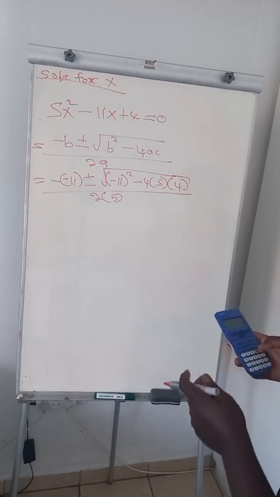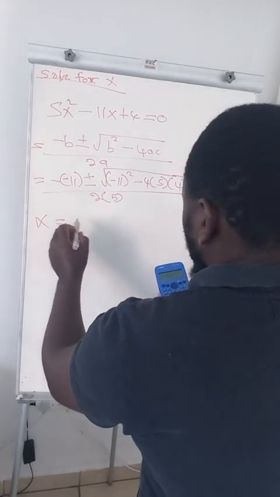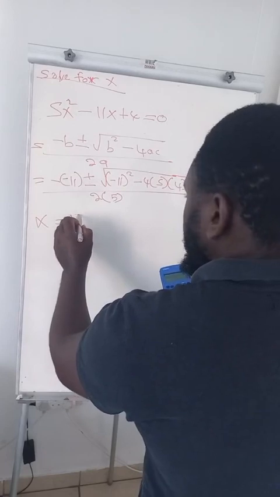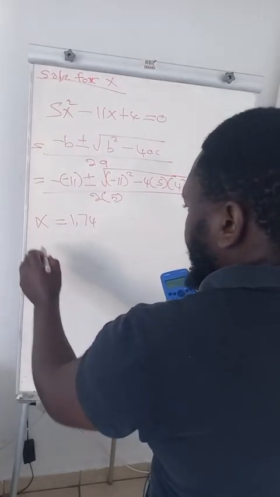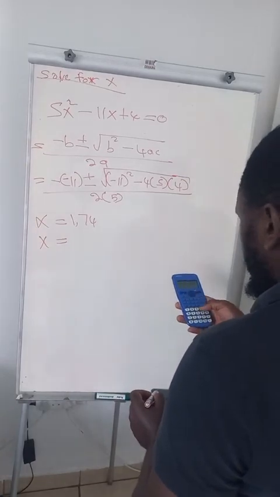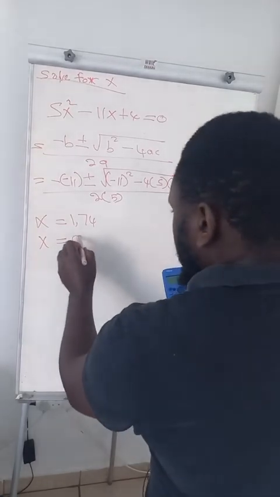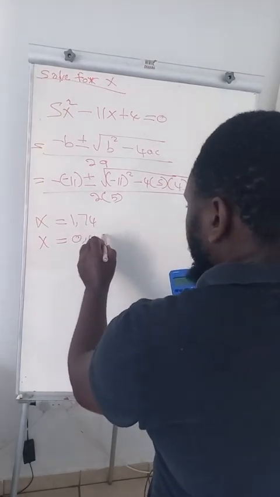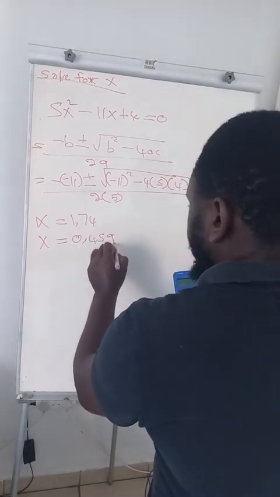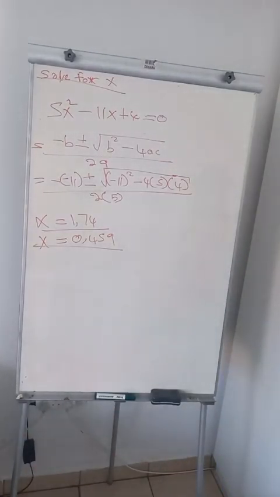So here you'll get the first value of x being 1.74, and then you'll get the next one being 0.459. So you get something like this as your two values of x.